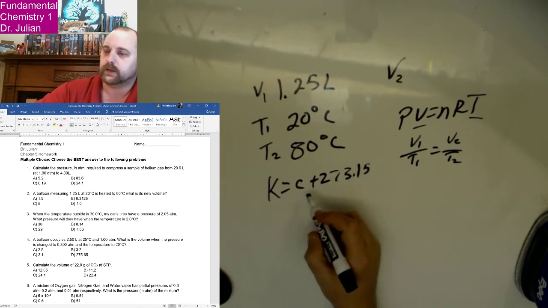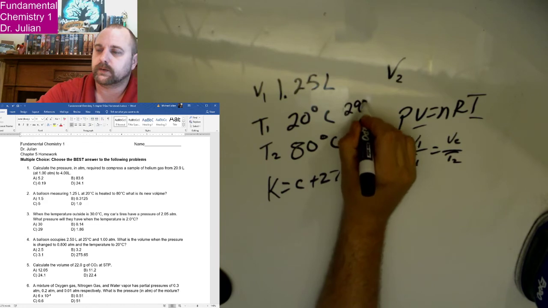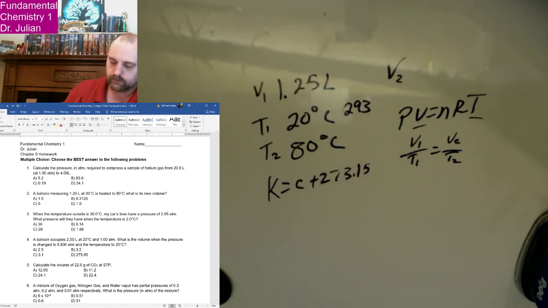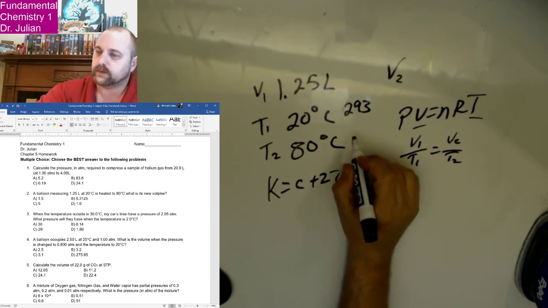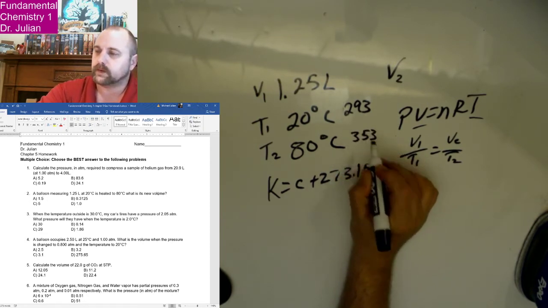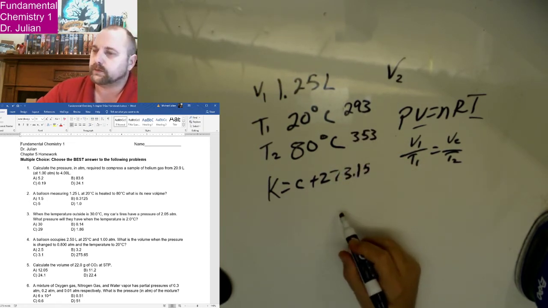I'll make this one 293 and 273 plus 80 is 353.